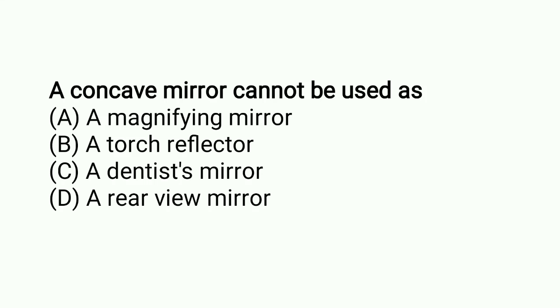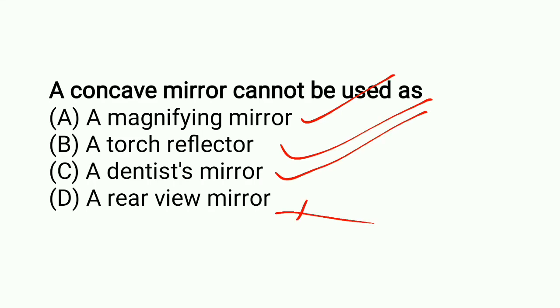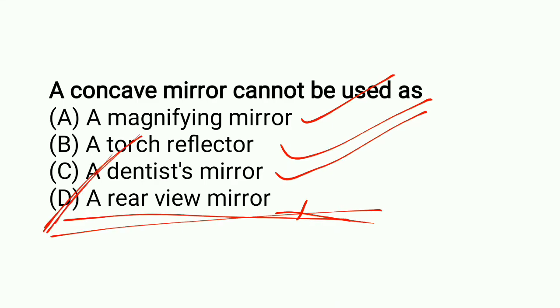The concave mirror can be used as a magnifying mirror because it is a converging mirror. A torch reflector, yes. A dentist mirror, yes. But the concave mirror cannot be used as a rear view mirror. So option D is the correct answer.